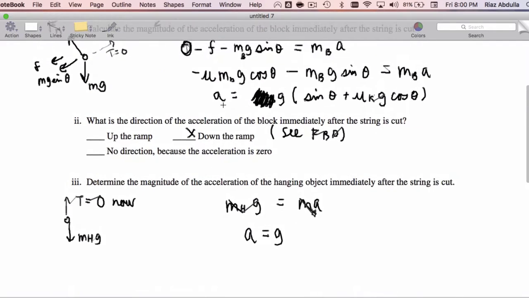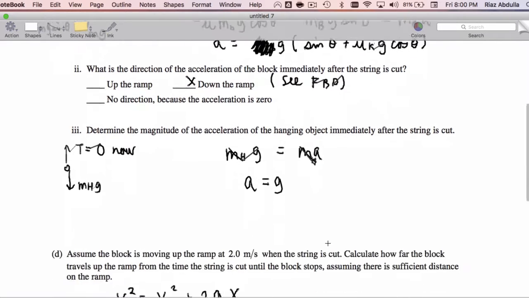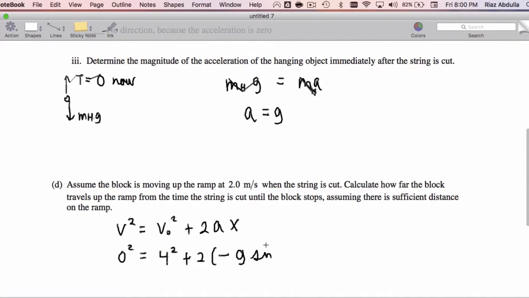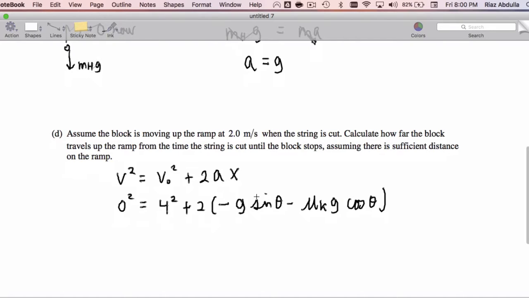All right, so that's going to be negative. I'm just copying the acceleration from part C. So that's g sine theta plus mu_k g cos theta right there. And so let's go ahead and actually calculate the acceleration here.